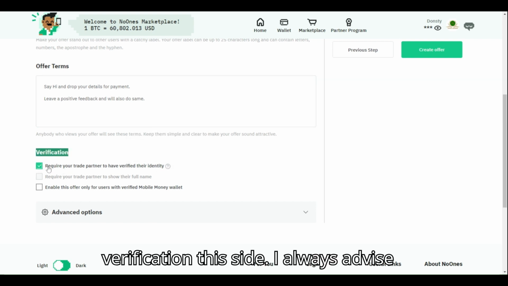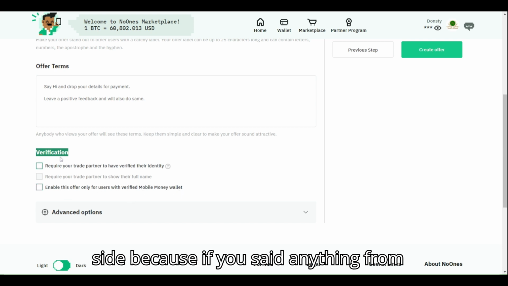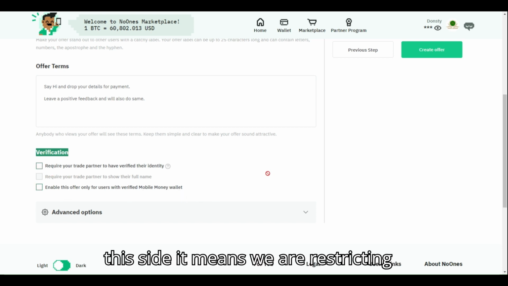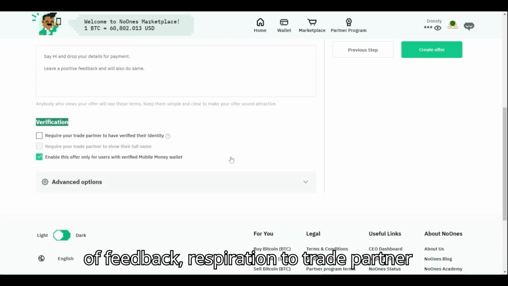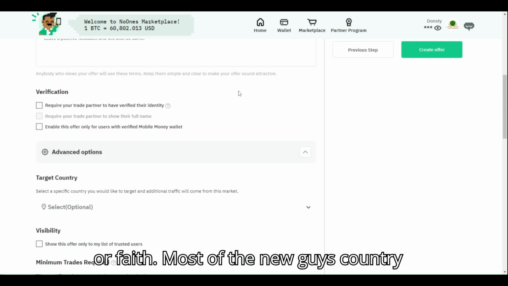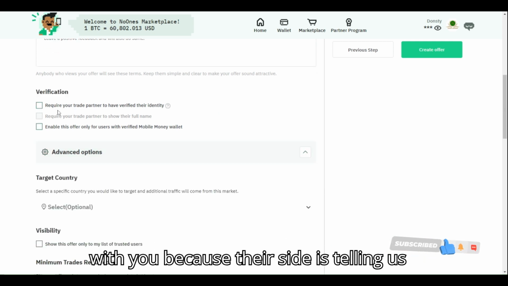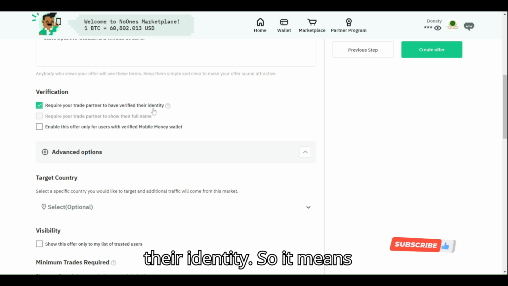This side, I always advise new guys not to do anything here, because if you set anything from this side, it means you are restricting your trade partner. You are giving a lot of restrictions to your trade partner, and most new guys can't trade with you, because this side is telling us to require your trade partner to verify their identity.